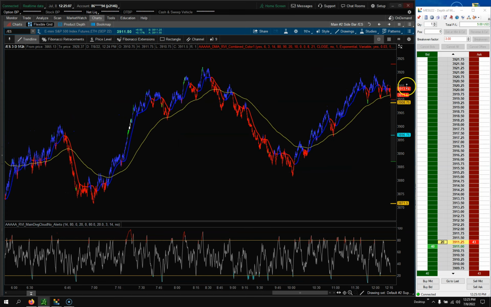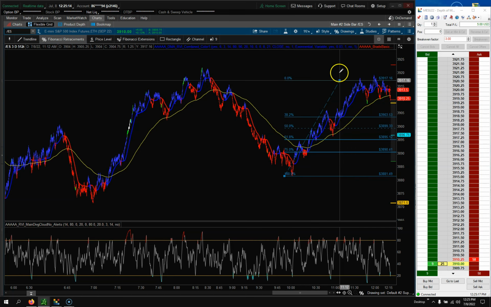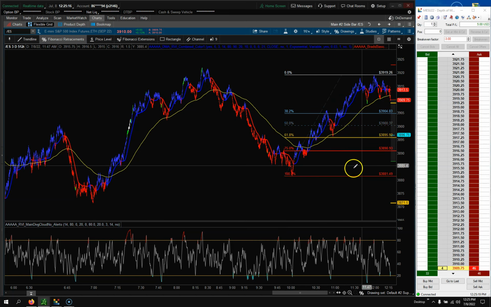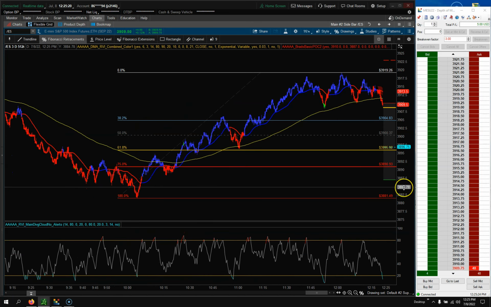The other thing that I really like about this chart is it's great if you want to use Fibonacci's. If you're looking at the Fibonacci pullback trade, again, links down below if you want to learn how that trade works.